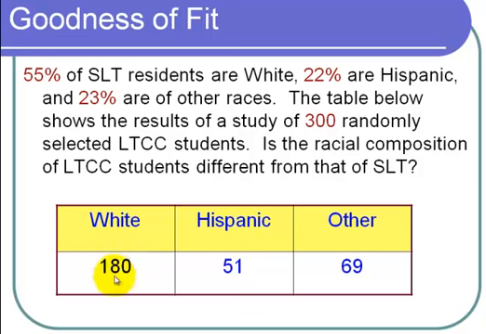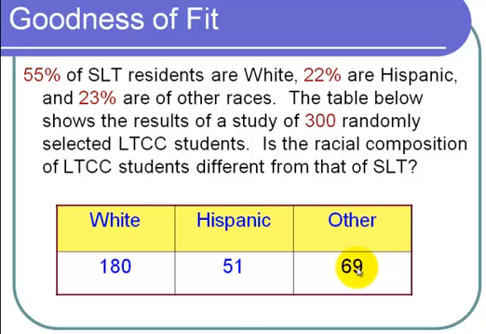And here are the numbers in this study, and of course this is fictitious, but imagine a study was done. Then this study that could have been done, that they got 180 students that were white, 51 were Hispanic, and 69 were from other races. So the question is, is this the same distribution for LTCC as the known distribution of South Lake Tahoe?